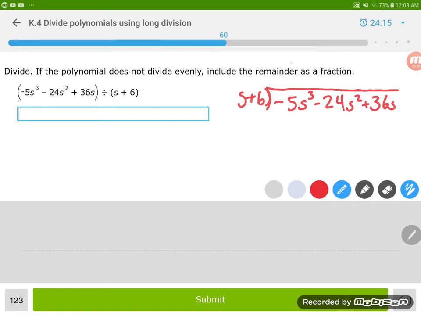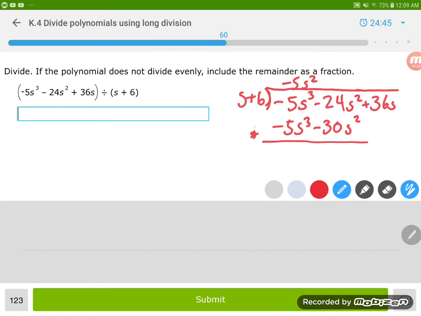Well, it can divide in negative 5s squared amount of times. So negative 5s squared times s is negative 5s cubed, which is good. It's what we wanted. Negative 5s squared times 6 is going to be negative 30s squared.